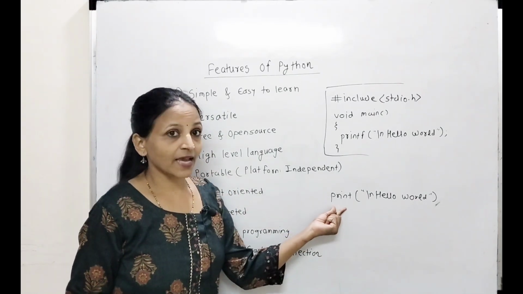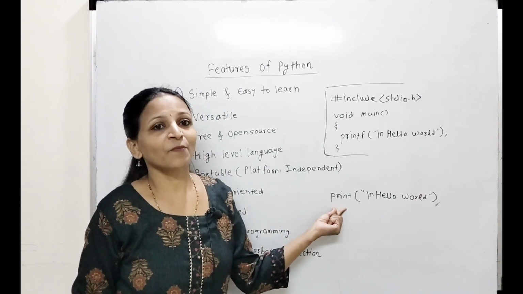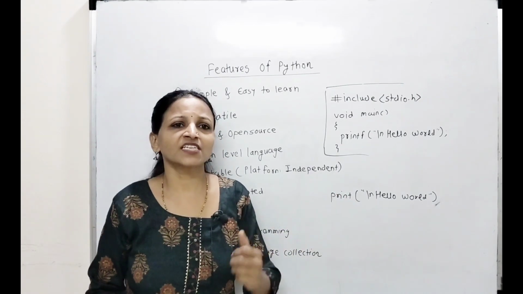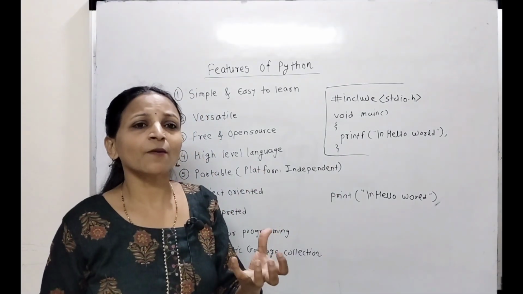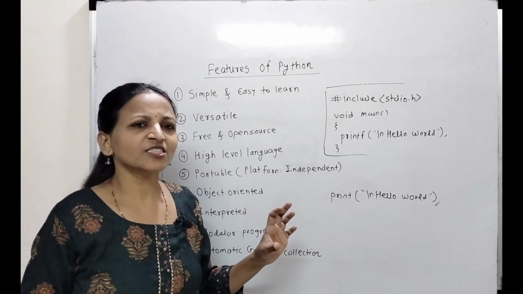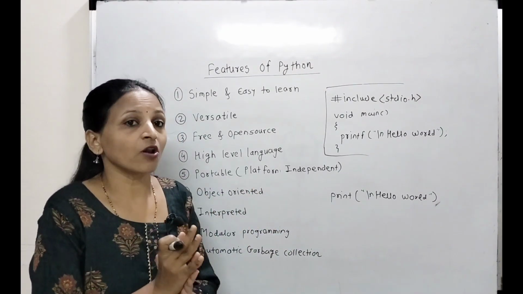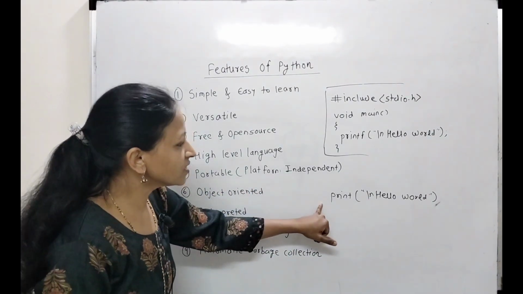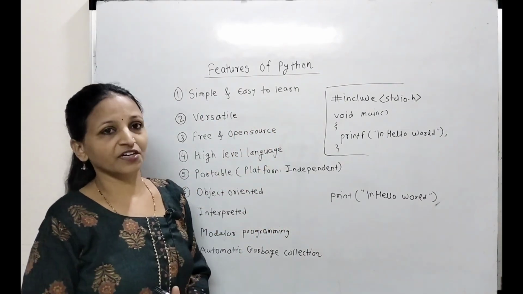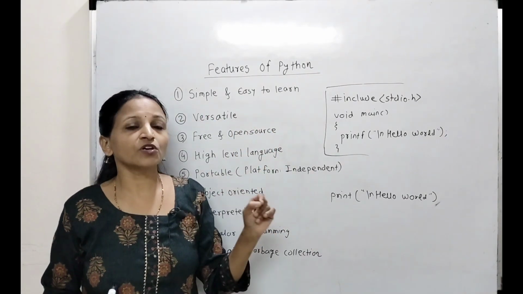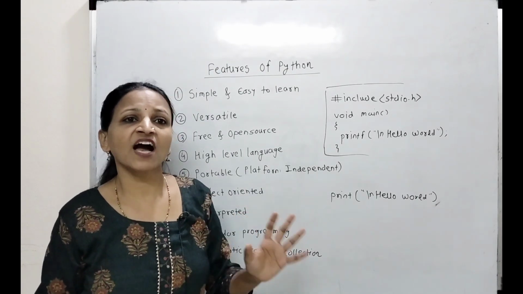Okay, it means English-like words are used in Python, and that's why we can say that Python is very easy to understand. The program is concise. Concise means the code is very small. Okay, now this is the first feature of Python language, that it's simple and easy to learn. And this is only because Python is a very high level language.